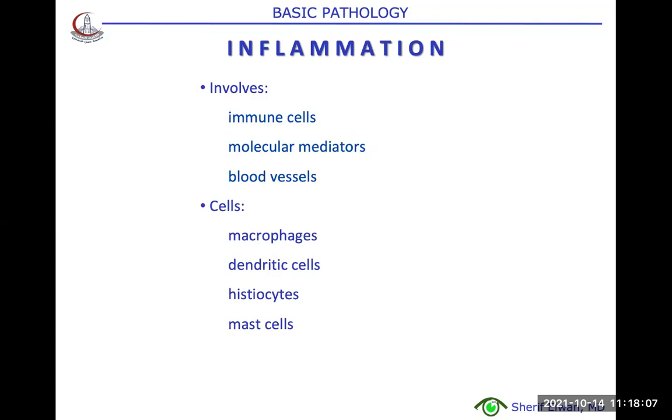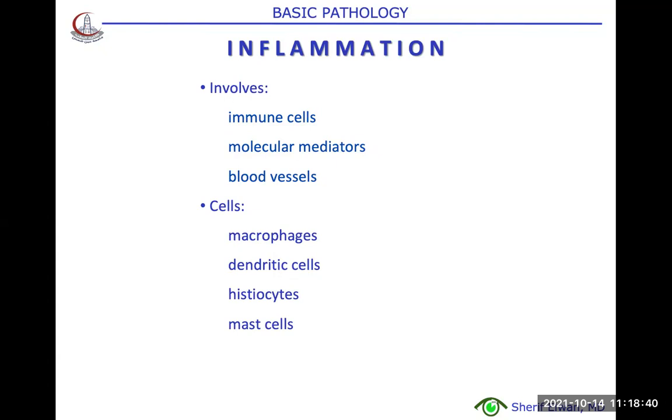And inflammation involves immune cells and chemicals, which are the molecular mediators, and the blood vessels that dilate and cause the area to become congested or injected. And the cells involved are the tissue macrophages, dendritic cells, histiocytes, and mast cells that we described. So inflammation is a body response where the cells and chemical mediators are involved with blood vessel reaction.